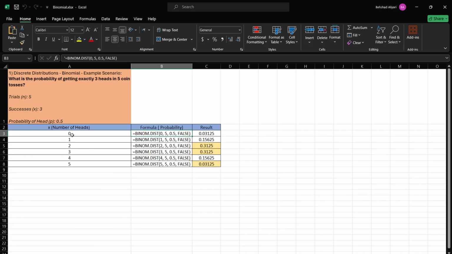So for 0 heads, our result would be 0.03125. The answer for this question is actually for 3, because we have 3 of the same numbers, as you can see right here. So it's for 2, 3, and 5 would be 0.3125.